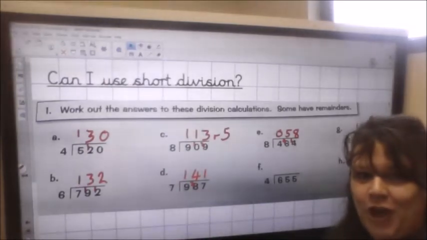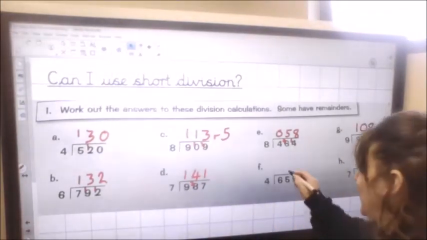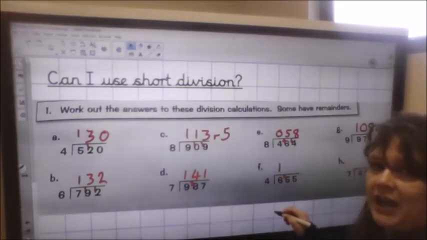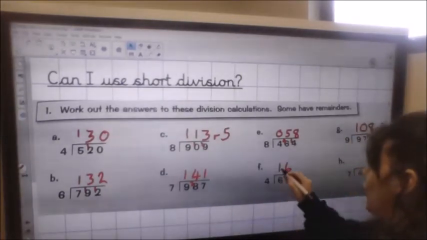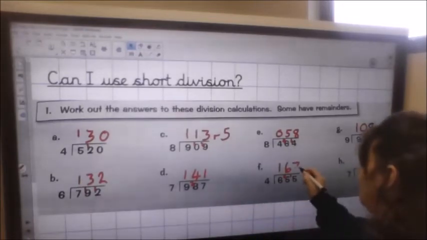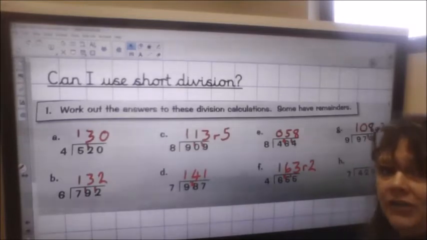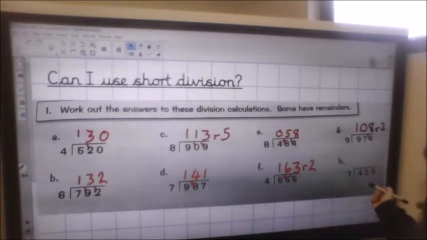Okay, so we've got 4 into 655. Well, 4 into 6 goes once, 2 left over. 4 into 25 goes 24, which is 6, and 1 left over. 4 into 15 goes 3, which is 12, and we've got 2 left over. Okay, so we put that little R and the 2 left over. So then finally, we've got 429 divided by 7.